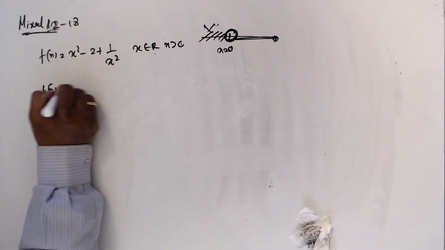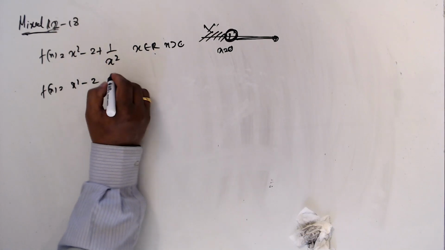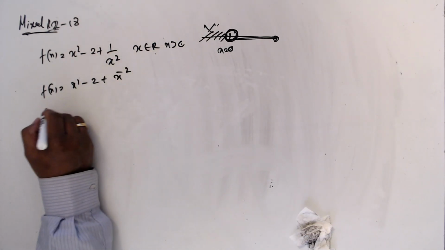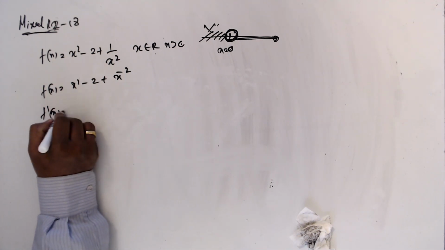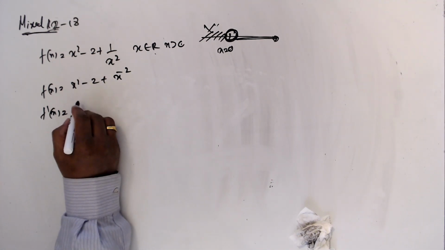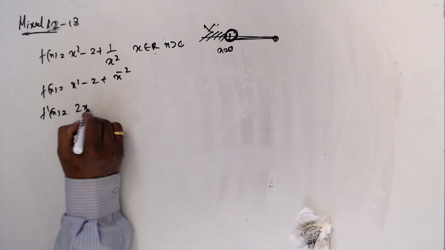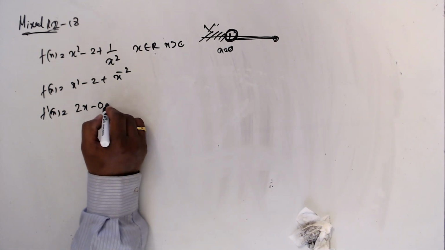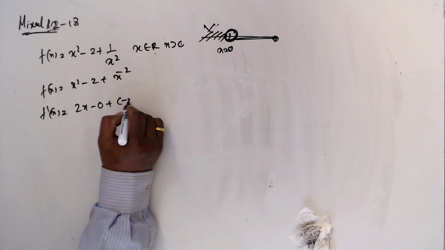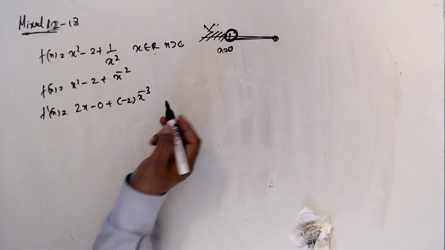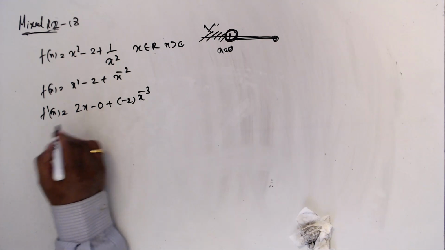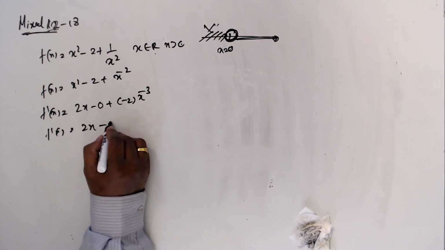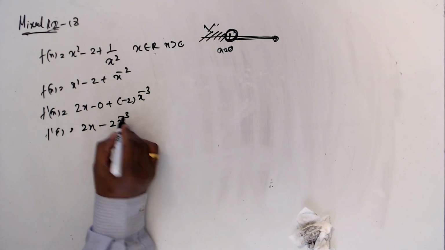So f(x) equals x squared minus 2 plus x to the power minus 2. Now f dash x equals 2x, then the 2 becomes 0, plus minus 2x to the power minus 3. So f dash x equals 2x minus 2x to the power minus 3.